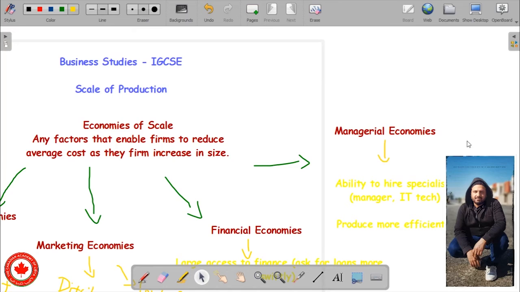The basic idea: specialized people will enable you to become more efficient as a business.